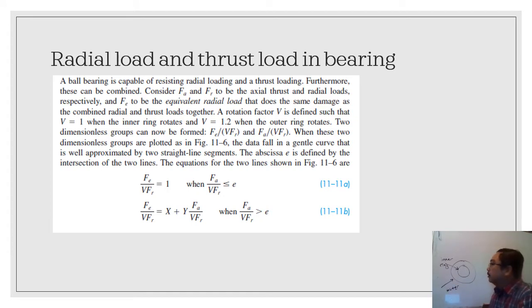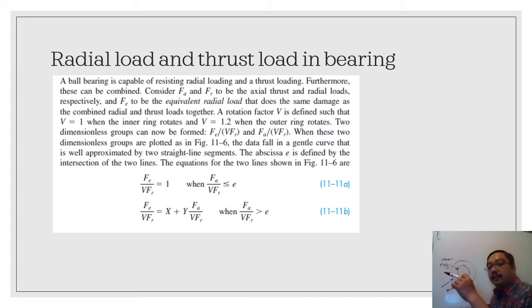When it rotates, it will have a radial load. The radial load comes from the weight of the shaft itself, and also the weight of the bearing itself, which is not that heavy.